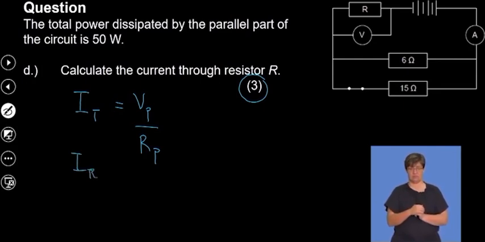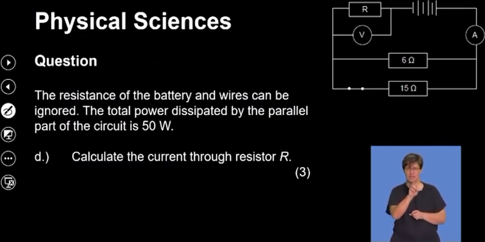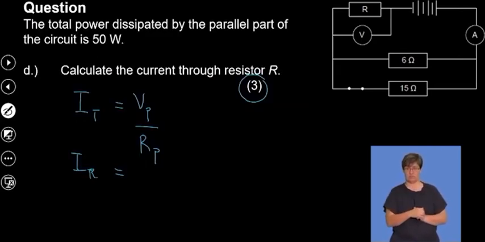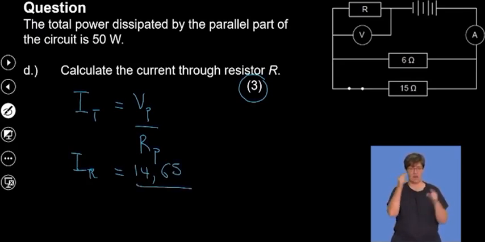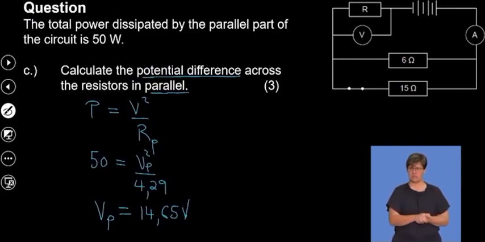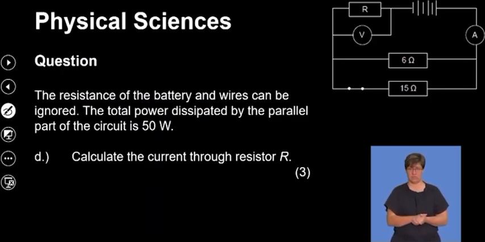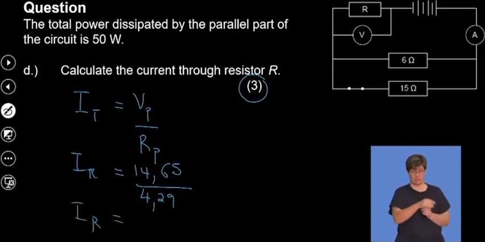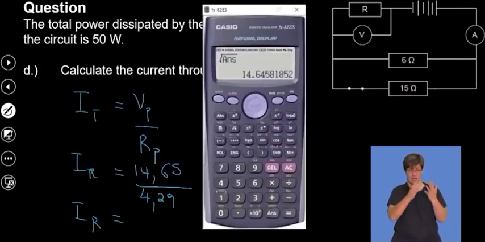The current through R is equal to our V parallel. We managed to get a value of 14.65 volts, divided by R parallel. What did we get for R parallel? We can quickly verify that value. For our R parallel, we get 4.29 ohms. So this is the current that will go through resistor R. That was the thinking. Now we go to our calculator.